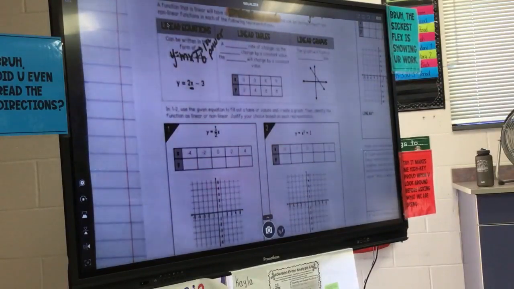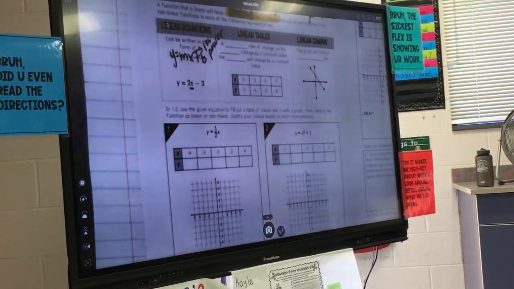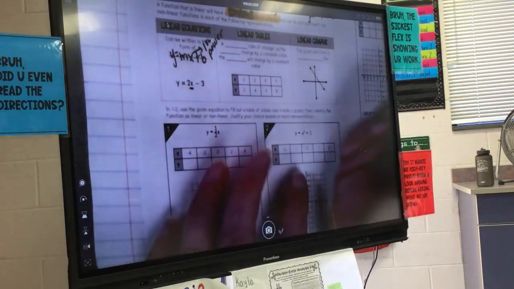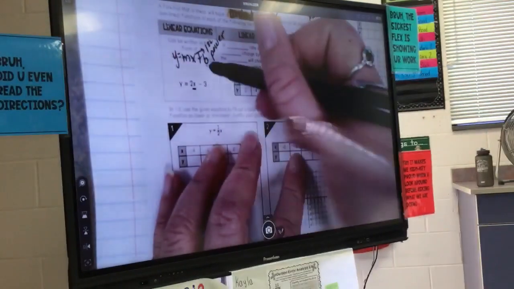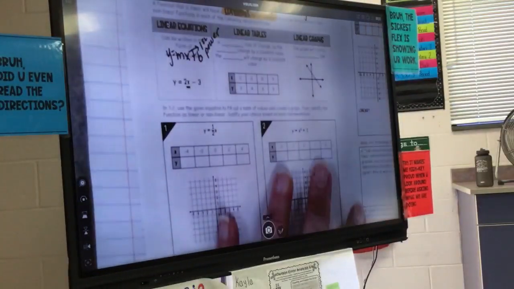Yes, it's an exponent. So, does the x have an exponent? No, it doesn't. I mean, technically it's got a 1, but if it has an exponent that is 2, 3, and so on, then you know that that's not going to be linear. And then obviously you can have addition or subtraction back here. So that's one way, looking at linear equations.